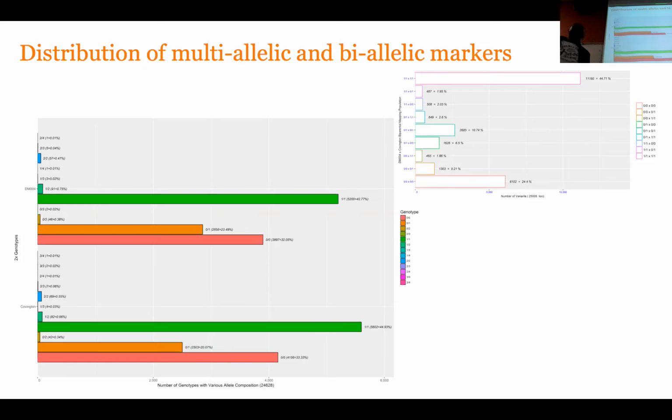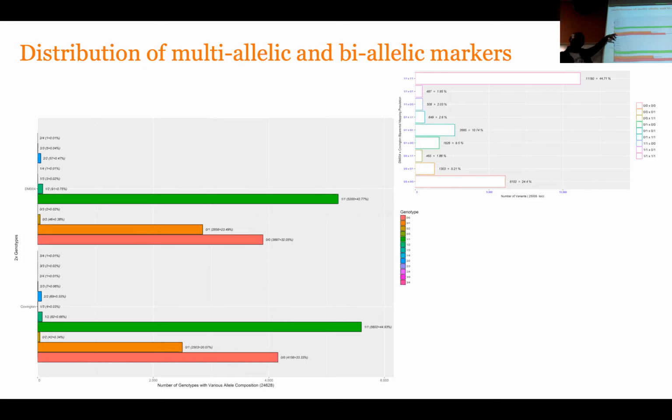So if you're in a diploid, what's the maximum number of alleles you can derive from an individual? 2. Right? If you have 2 individuals, what's the maximum number of alleles you can derive? 4, right? But as you add more individuals, most of those alleles are going to be shared in that germplasm, right?